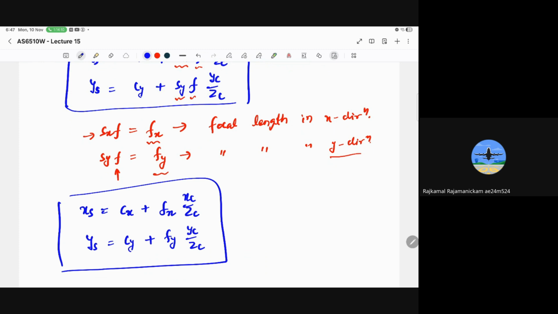Now we have obtained the relations between camera coordinates and the digital, or pixel, coordinates.